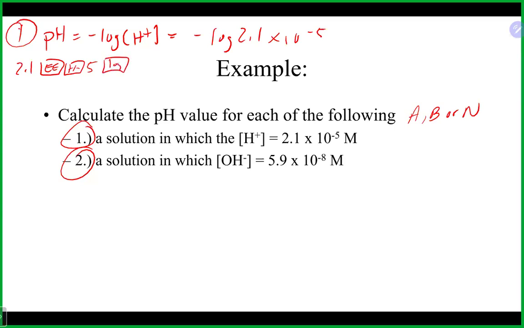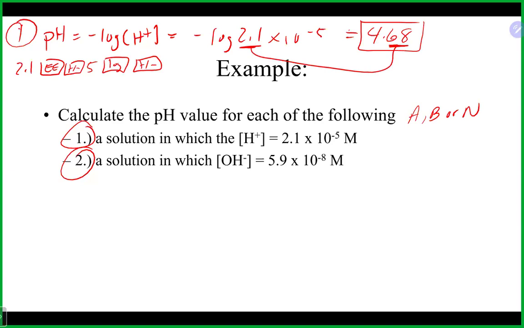Then hit the log button and the negative button one more time. If you do all that, you're going to get a 4.68 pH in this case. Again, 2 significant figures here, 2 decimal places here.